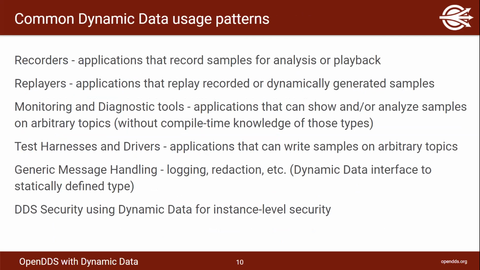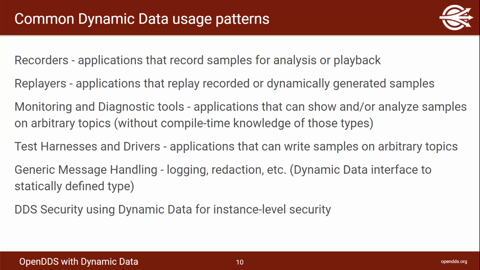So how would you use dynamic data, or what are some common use cases? The first two here come in a pair, and that is you can create a recorder. An application could record samples for analysis or playback. In this case, the recorder doesn't necessarily care what the structure of the topic was, other than it wants to record that data so that another application can analyze it or play it back.